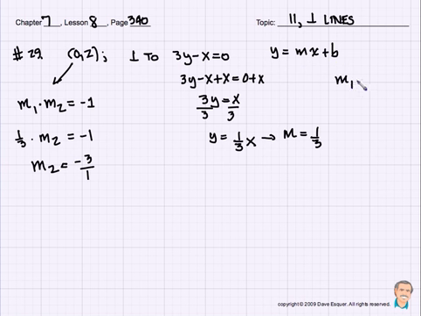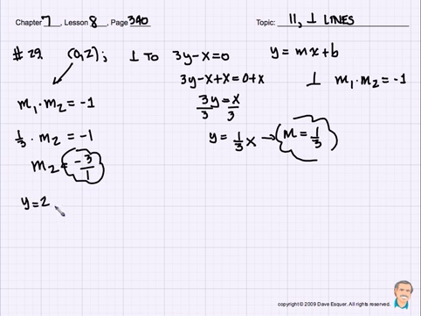Remember, when we multiply them together, m1 times m2 has to be equal to -1 if the lines are going to be perpendicular. So we went ahead and used this one and found out that its slope was 1/3. It turns out that the slope of this line that's going to be perpendicular to that has to be -3 over 1. So we have that piece of information.